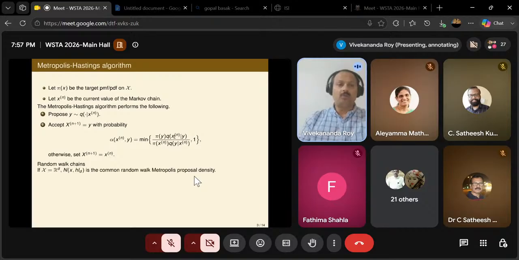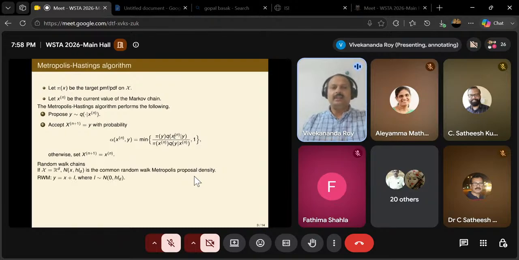Some are very popular. One of them is the random walk Metropolis algorithm. So let me explain it when your state space is the d-dimensional Euclidean space. In that case, for random walk, q is often chosen to be the normal density. Okay, so the d-dimensional normal density, which is centered at x, the current value, with some covariance matrix, which is h times the d-dimensional identity matrix. h is what is known as the scale parameter or the step size.